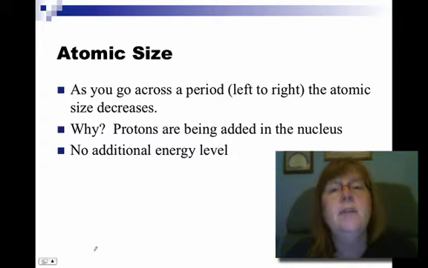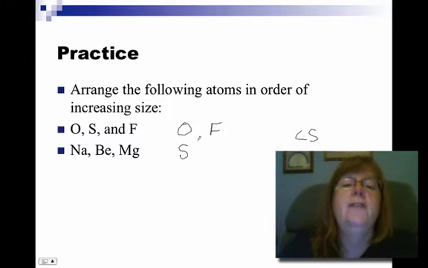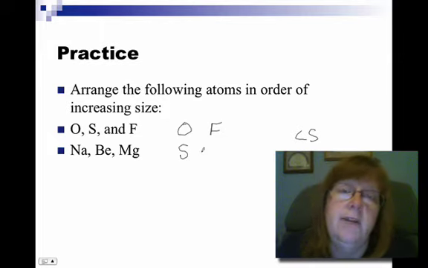The largest one is going to be sulfur. Sulfur is by far the largest because it's farther down on the periodic table, and when you go down, you've added an energy level, so it wins.